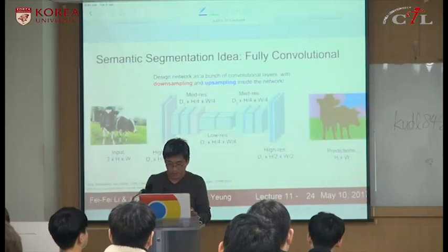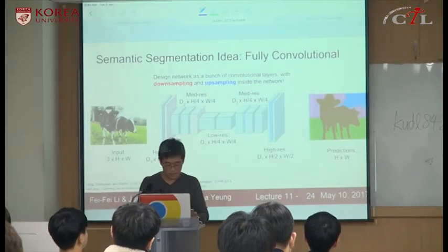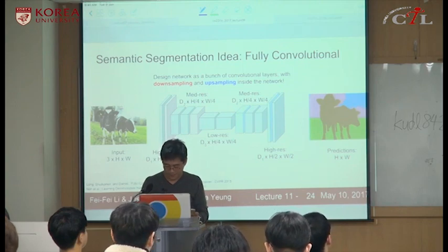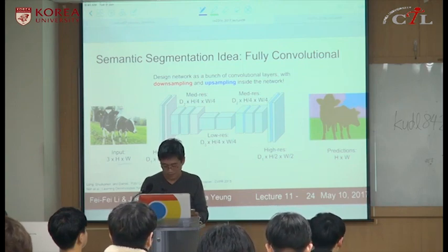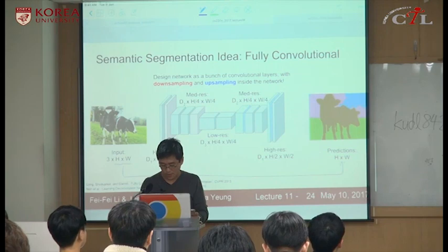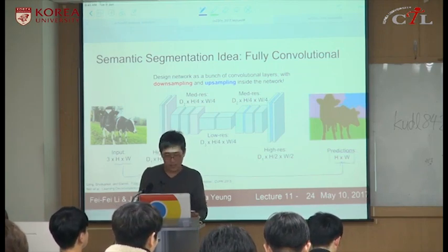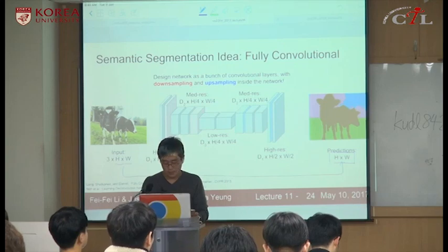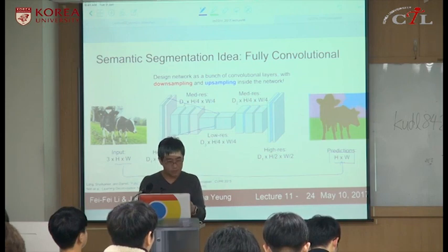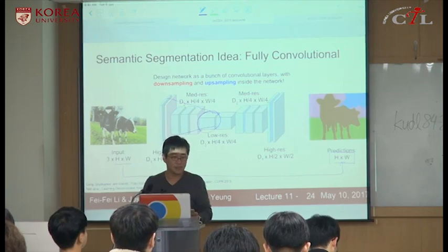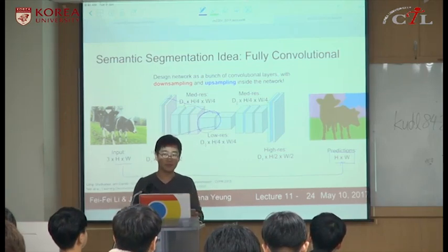So instead we use this kind of bottleneck structure. In this case, we want the output to have the same spatial size as the input, but we use max pooling so that we maintain a not-so-big activation map in the middle.